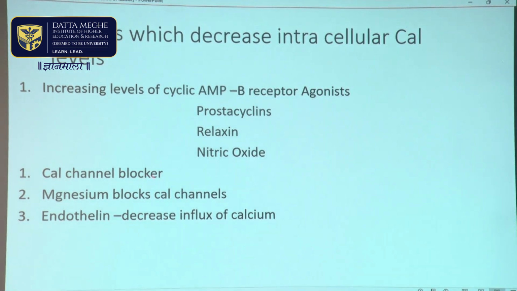Calcium channel blockers are used as tocolytics to block the influx of calcium into the cell. Magnesium is also used, which also blocks the calcium channels, and endothelium is used to decrease the influx of calcium. So, this is how tocolytics are effective in causing relaxation of the uterus.